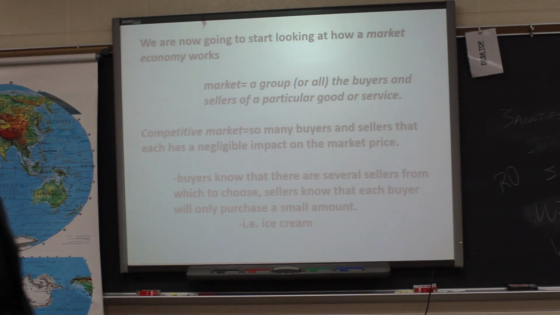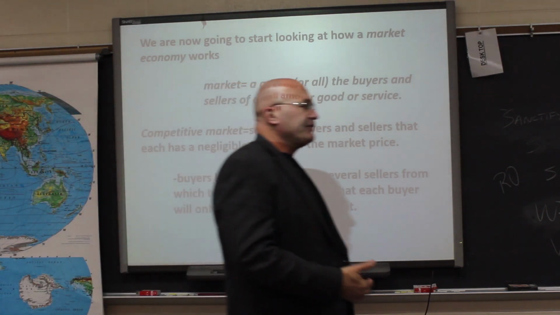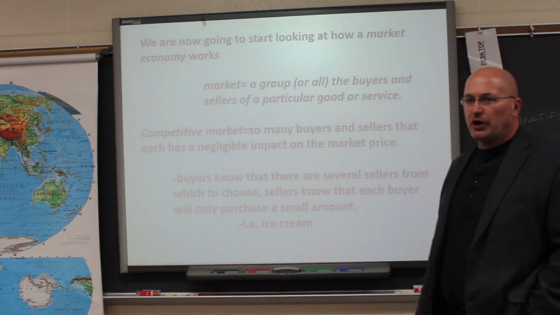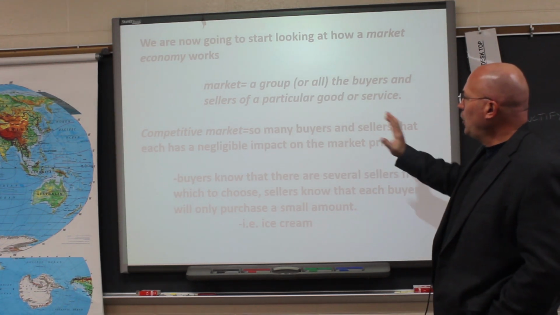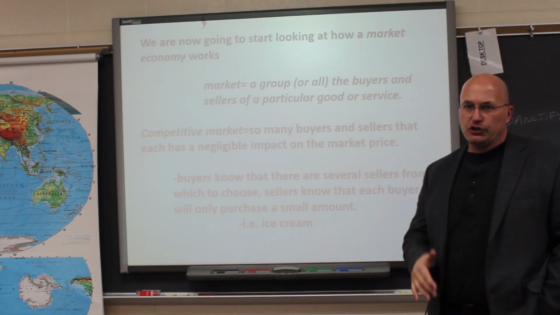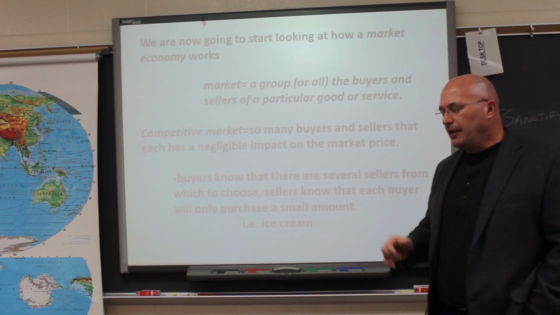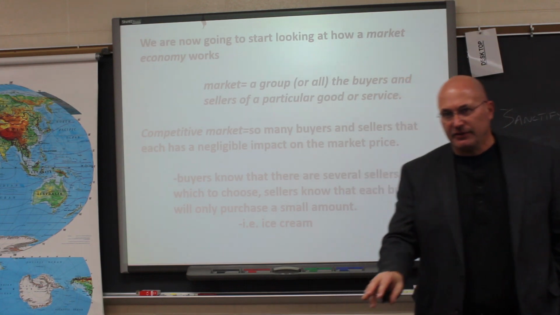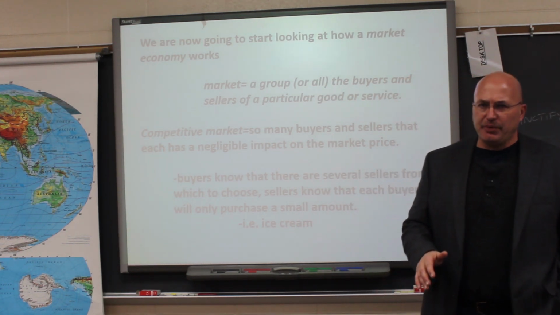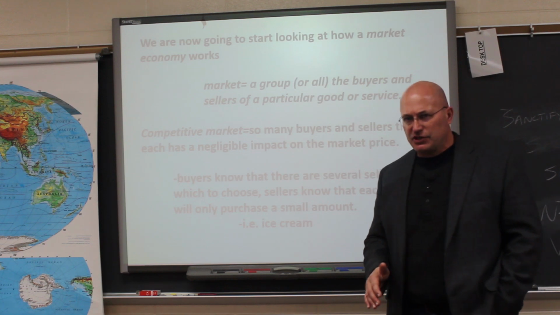Okay? Now, the first thing we have to do is some definitional stuff. So we start off with, what is a market? A market is all the buyers and sellers of a particular good or service. Understand, a market is not a place. It's not like "to market, to market, to buy a fat pig, home again, jiggity jig."